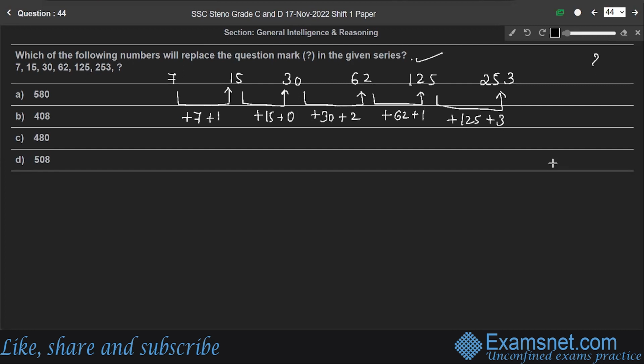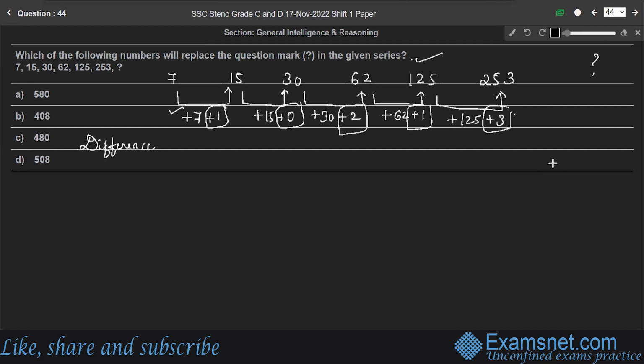To find the last number, we'll take the difference between the numbers added, right? Here, apart from the same number, in each case, we have added 1, 0, 2, 1 and 3. The numbers added are 1, 0, 2, 1 and 3 apart from the same numbers, right?